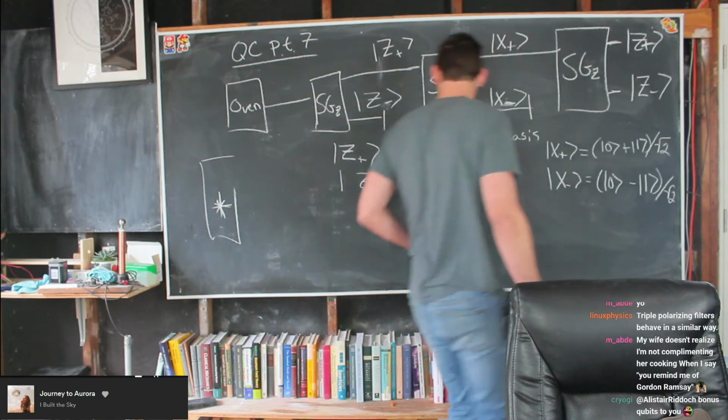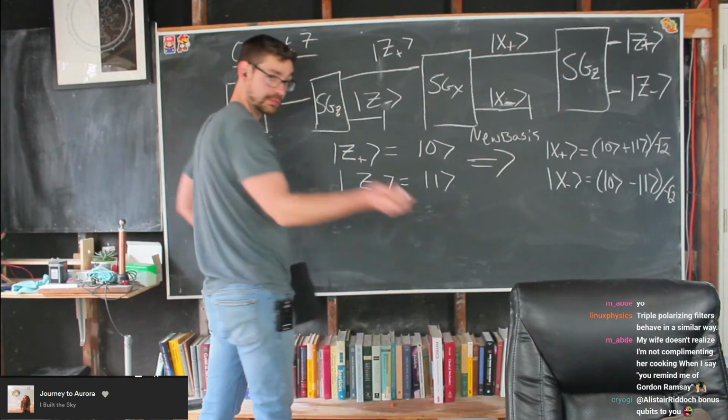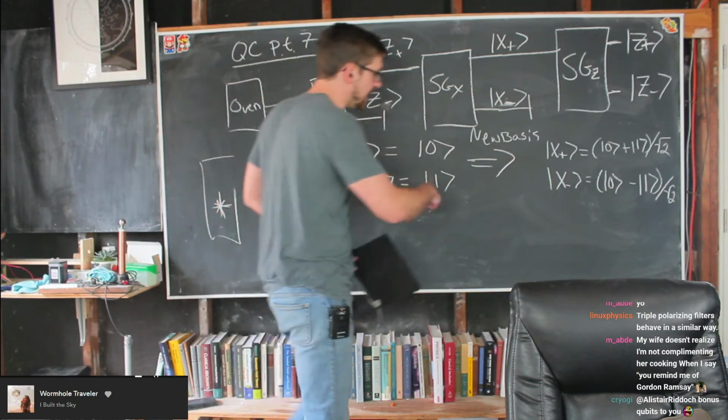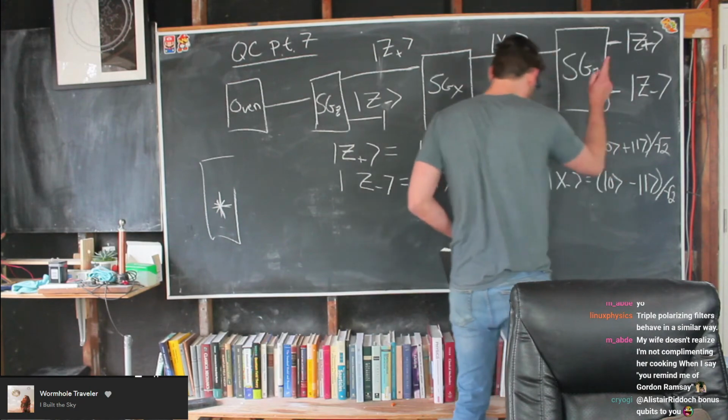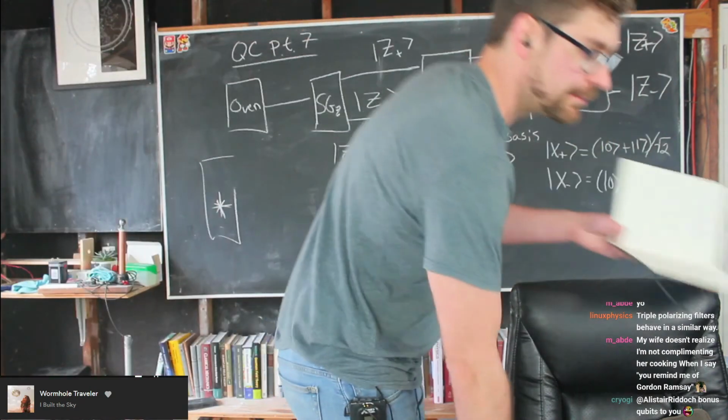Okay, so now we have our up state and our down state in the Z, and then we can also write it in a new basis, which is up and down in X, and this is all perfectly fine, okay?